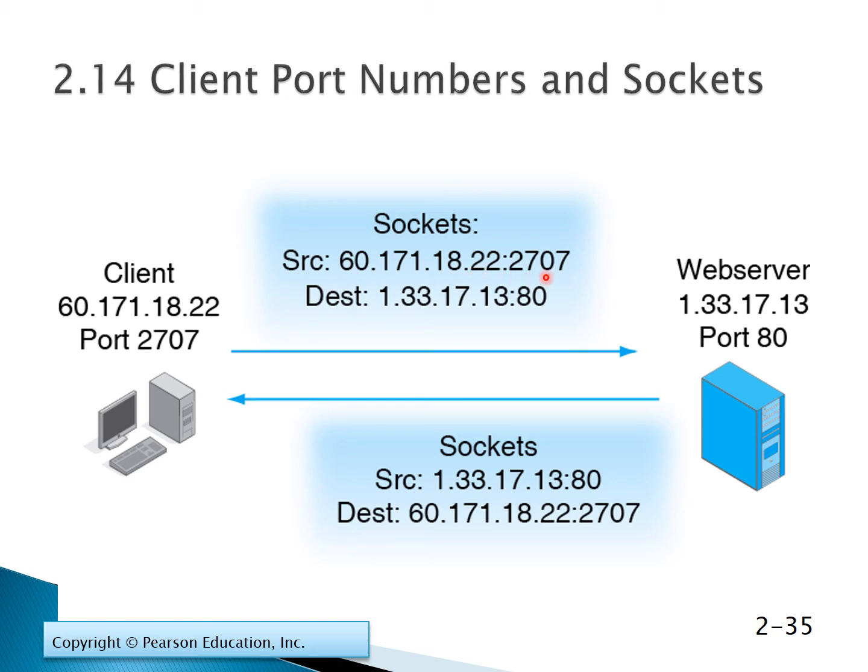This one is the IP address and port number of the source, and this one is the same for the destination. When it's going the other way, it's the opposite. The source is this web server at port 80, and the destination is the IP address of the client and the port number of the client. We call them sockets, and all the communications and messages can be sent through the sockets.